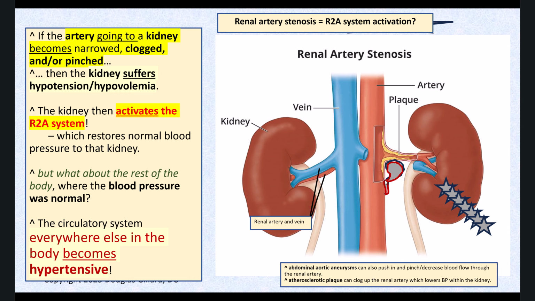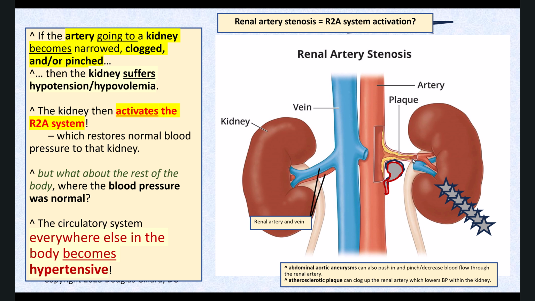Here's an aneurysm, not a great example, I didn't even Photoshop it in, but there's an aneurysm coming off this abdominal aorta, and it's pinching, stepping on the renal artery. That can activate the RAAS. So, yeah, all that stuff.